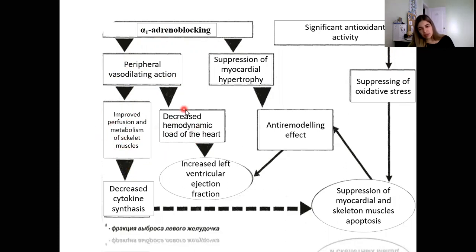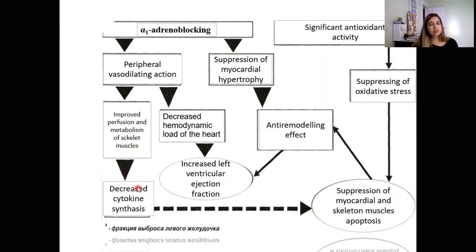This leads to increased left ventricular ejection fraction, and the improved perfusion and metabolism of skeletal muscles leads to decreased cytokine synthesis.